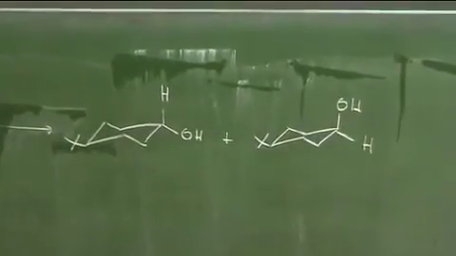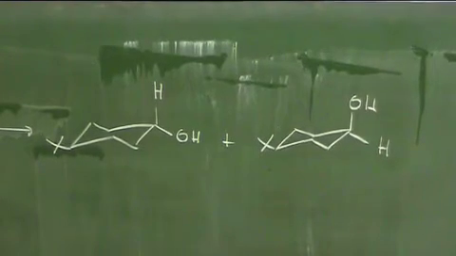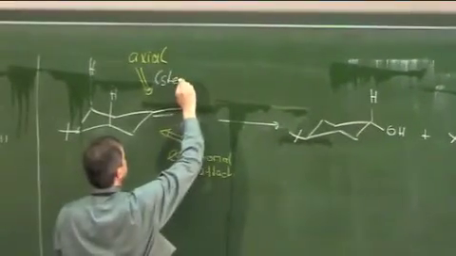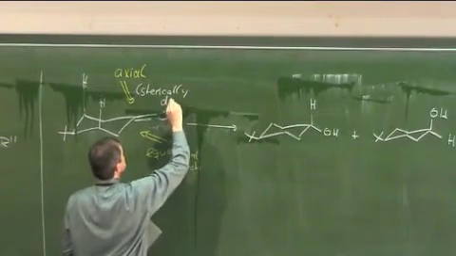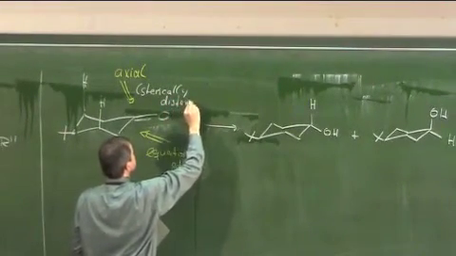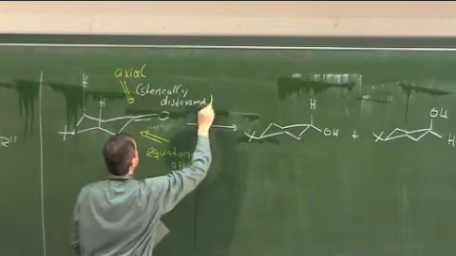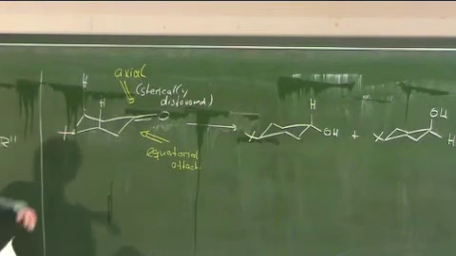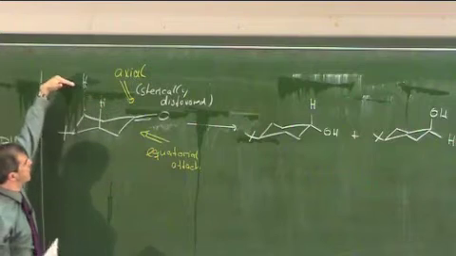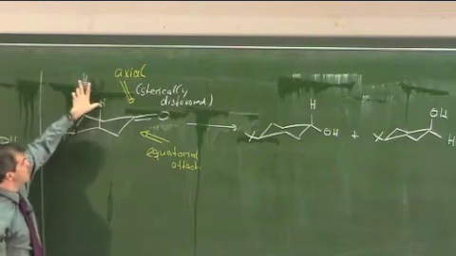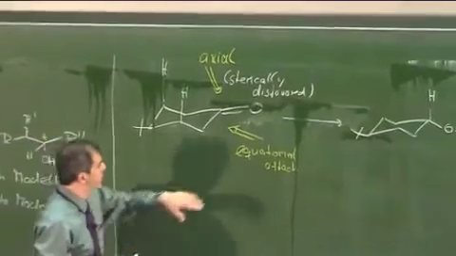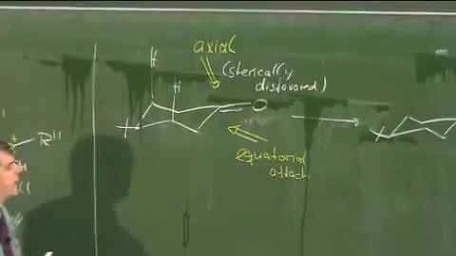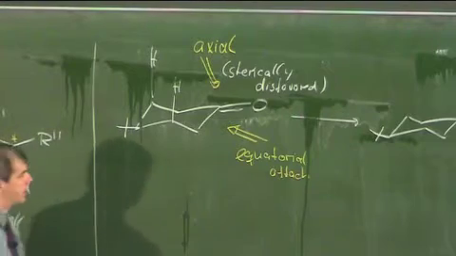The axial attack is sterically disfavored because your nucleophile has to come in on a trajectory which interferes with these two axial hydrogens here. The equatorial attack does not have that problem.